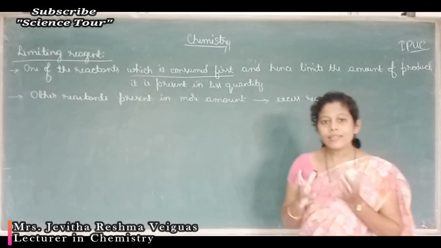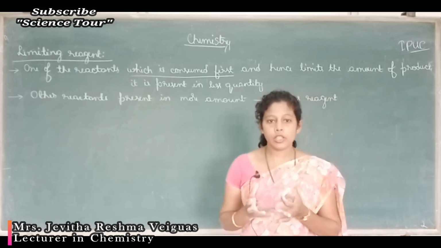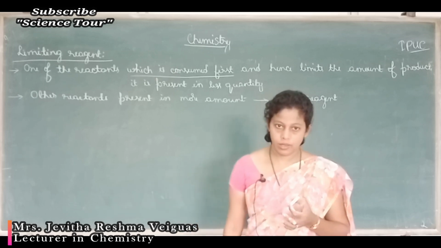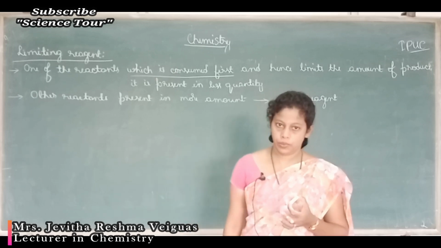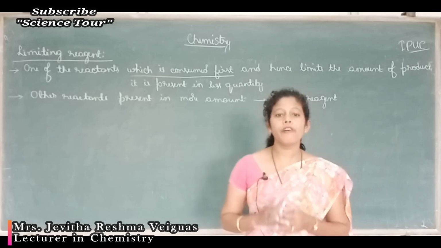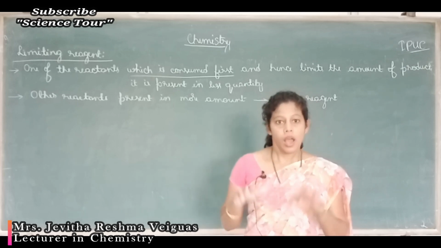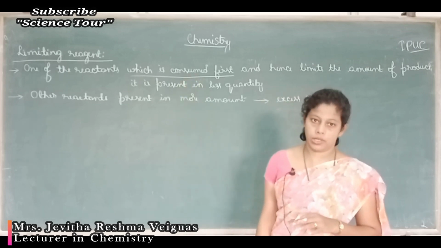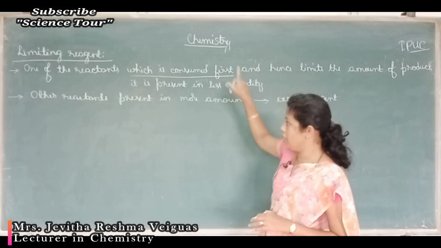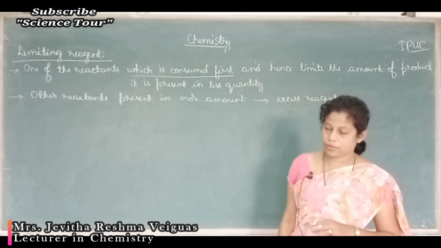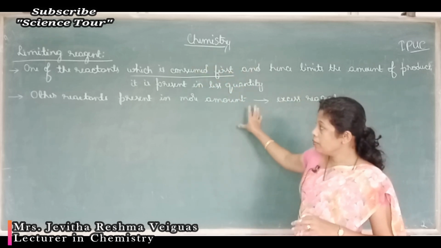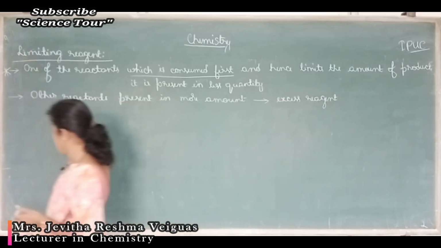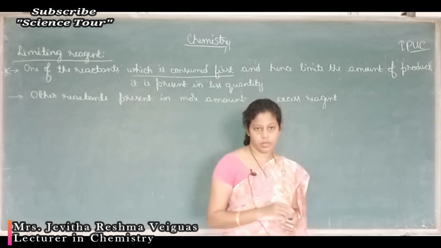Because once the reactant which is present in small quantity gets over, further reaction cannot take place, reaction cannot continue, therefore the product formation stops, the amount of the product gets limited, hence the reagent or reactant which is present in small quantity is called a limiting reagent. Now here the definition of limiting reagent is very, very important. It is a 1 mark question.